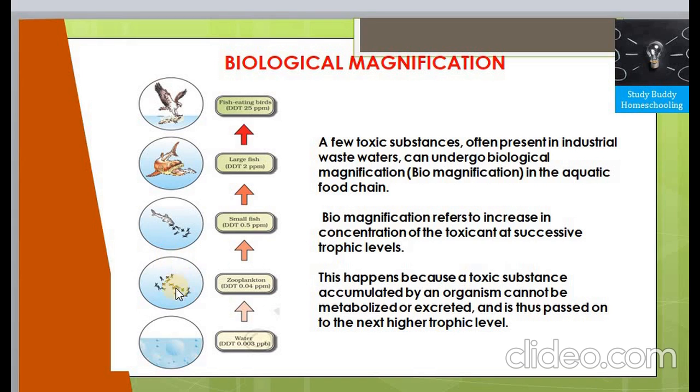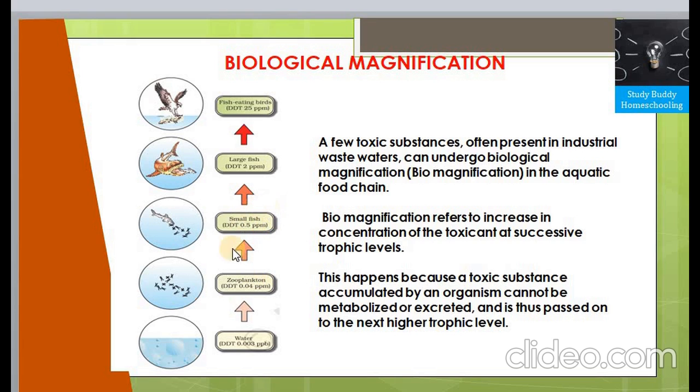Now this zooplankton is eaten by a small fish. This small fish probably eats the zooplankton at different times. So all the DDT gets slowly accumulated from the zooplankton, and the DDT level in the small fish increases to 0.5 parts per million.